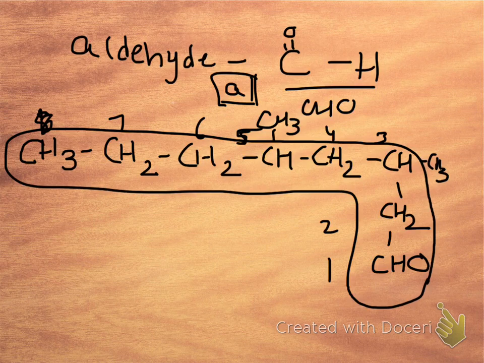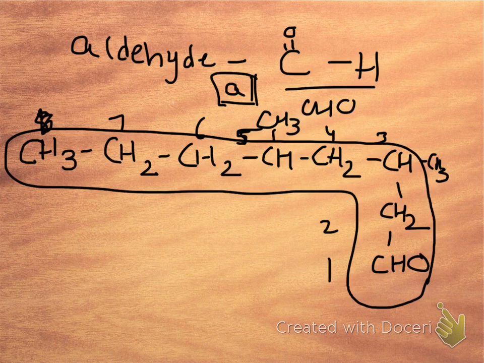Now you can see here there are two methyl groups. When there are two of the same thing, you write it as di.